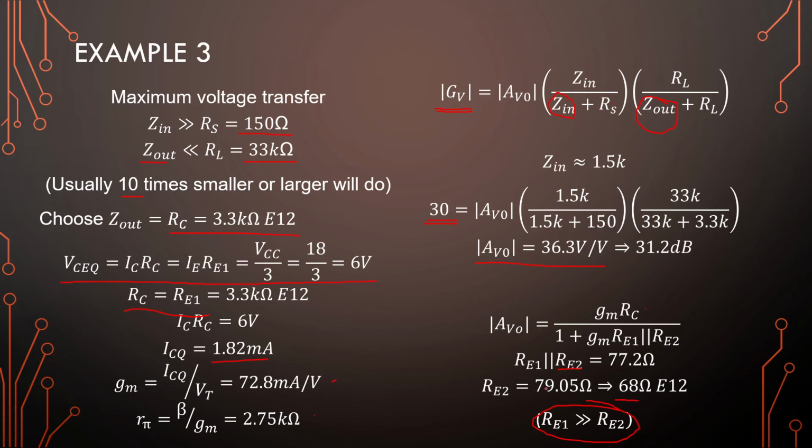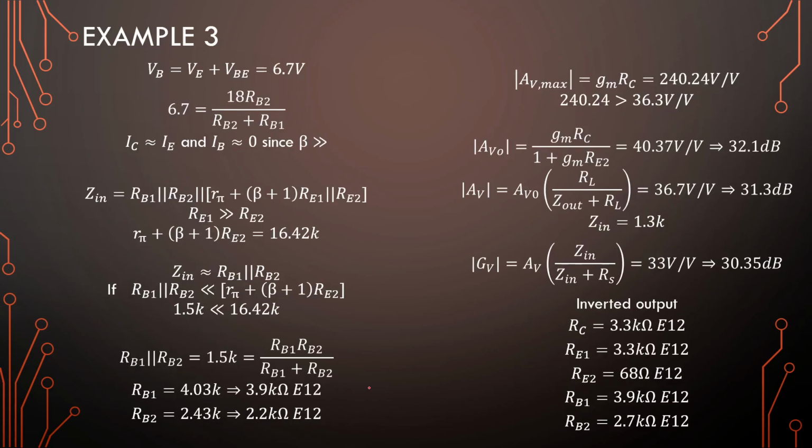Going to 82 wouldn't be much of a difference. We can test that in the simulation a bit later on. If that has a huge influence, it might actually help out this design to go to 82 in terms of input impedance. So yeah, but let's go with 68 to begin with.